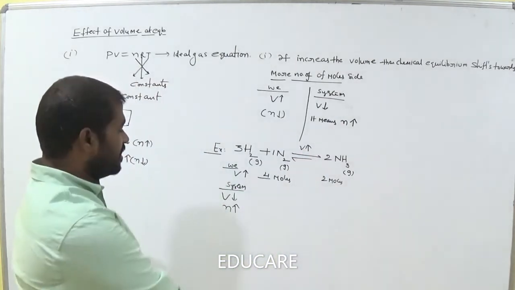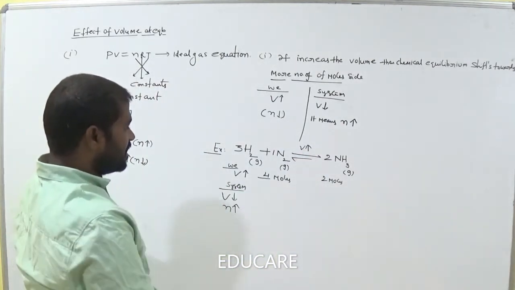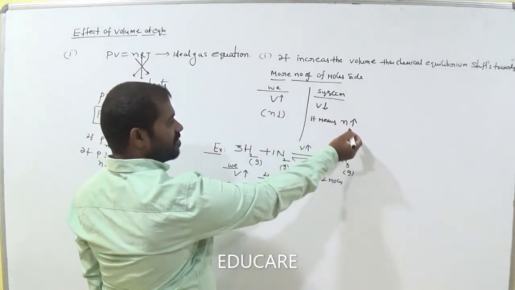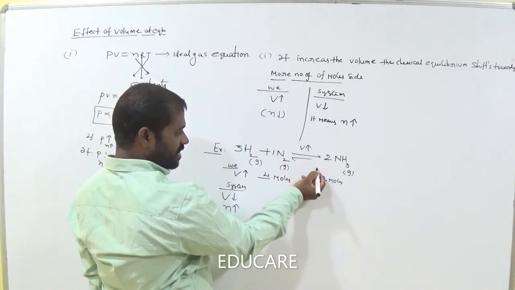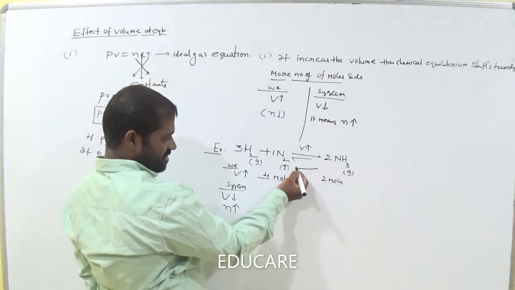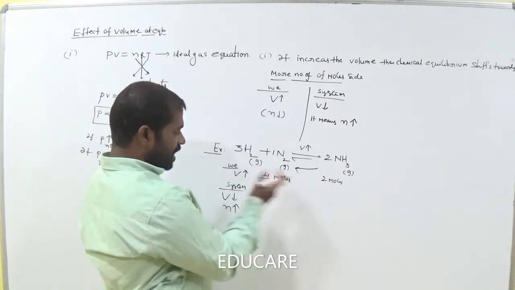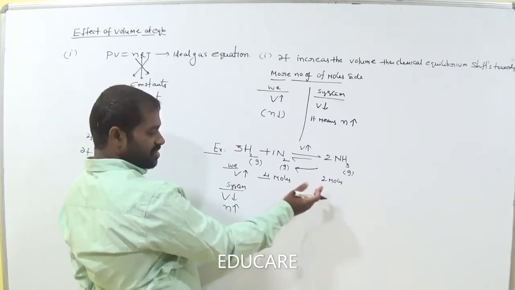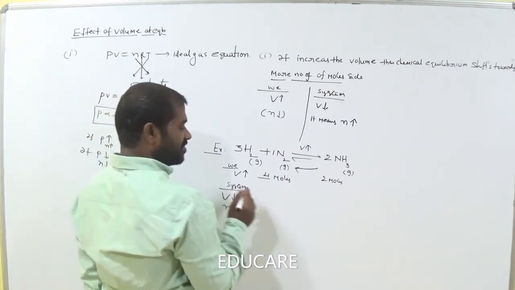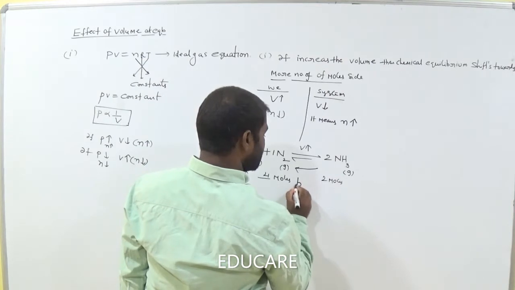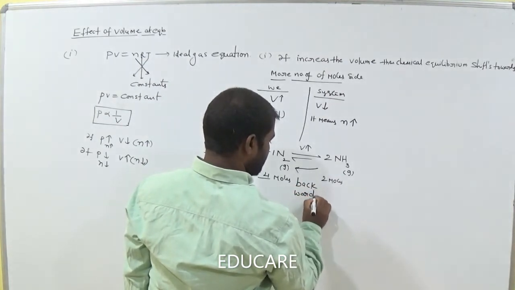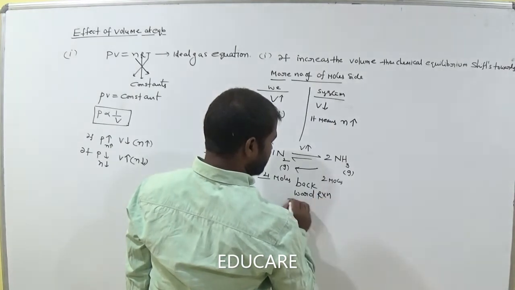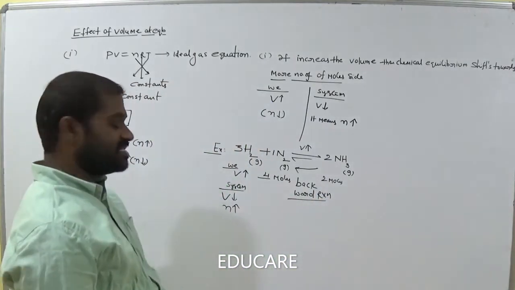Volume is high, so the equilibrium shifts towards the more number of moles side. More number of moles, 2 moles versus 4 moles, so towards 4 moles. That means the backward reaction takes place.